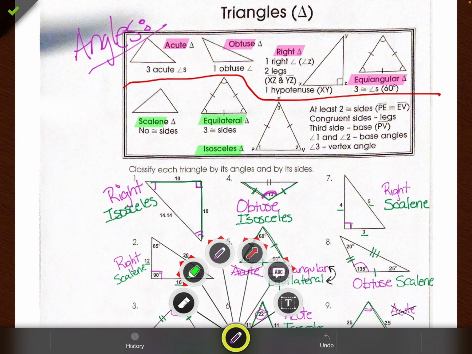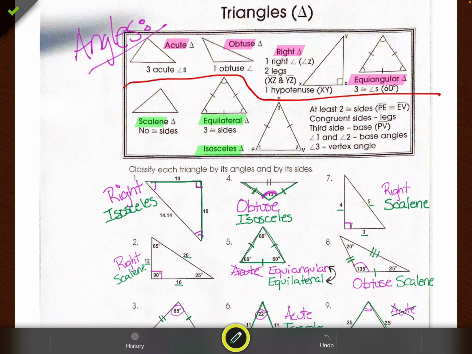The 3 ways to classify by your sides, the bottom part is your sides, would be scalene, equilateral, and isosceles. So just make sure you study, make sure you know what those mean so that when you go to use them, you can use them correctly.